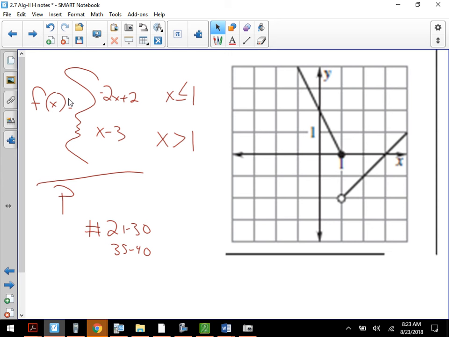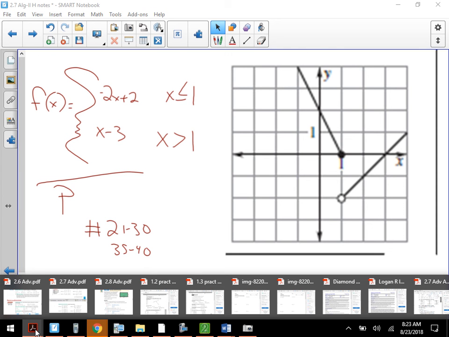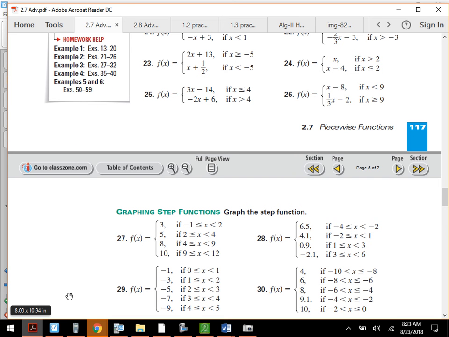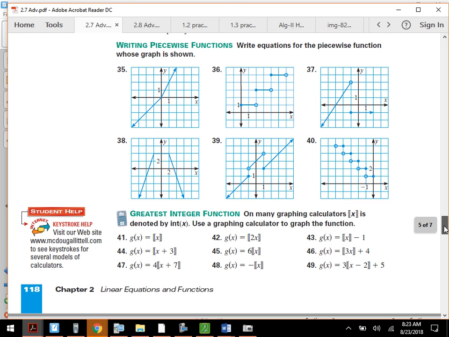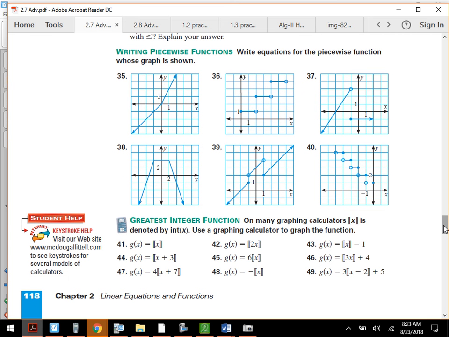When it's in the middle, it's sometimes hard to distinguish whether it's an open or a closed dot. When it gets to plateaus like this, it's not tough. You're just counting slopes and stuff.